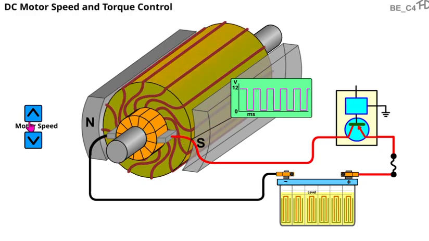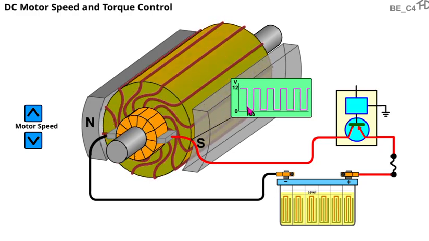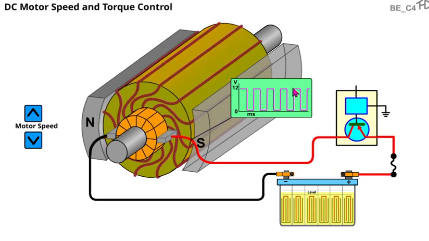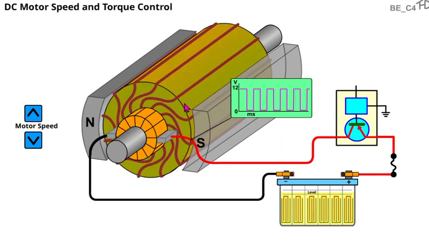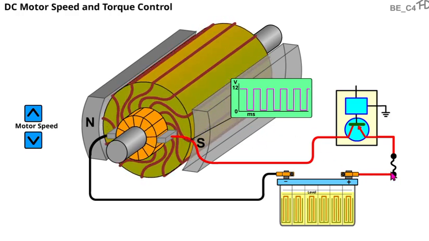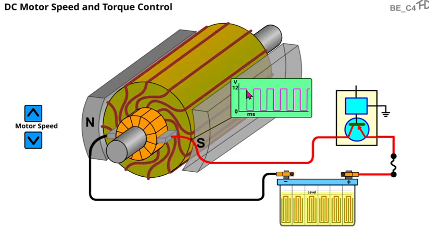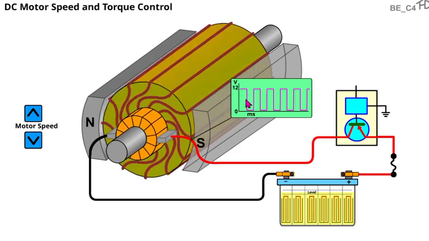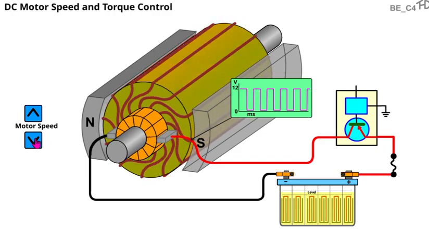Here we're operating somewhere around 50%, so 50% on, 50% off. This is occurring so quickly that it's difficult to actually see a difference, but it does impact the motor. Essentially we're turning the motor on and off. If you can imagine a switch opening and closing rapidly, half the time it's on, half the time it's off, and that's what we're seeing reflected here in this graph.